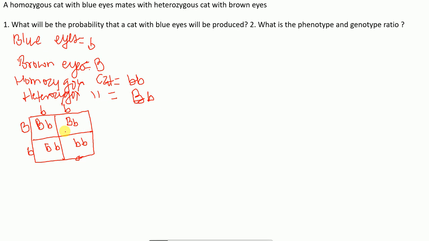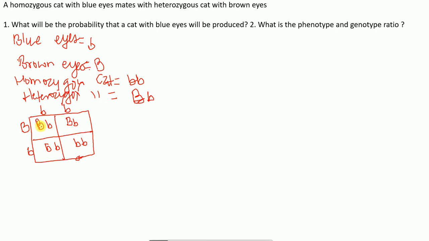So what is our question? Our question number one is: what will be the probability that a cat with blue eyes will be produced? You know that for a cat with blue eyes we should have all small b's. So here capital B and small b, and B refers to brown, capital B, so brown is dominant.